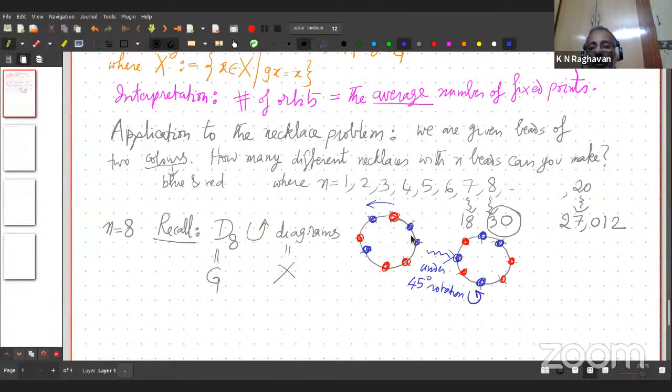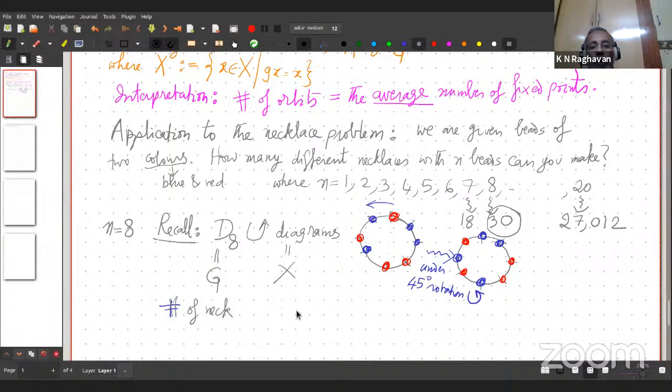So this looks different from this, because here this position is blue and this is red. These are different as diagrams, but they are the same necklace. Okay, what we had decided was number of necklaces. So here is the observation that I'll recall for you. Number of necklaces. We had done this even in the first lecture.